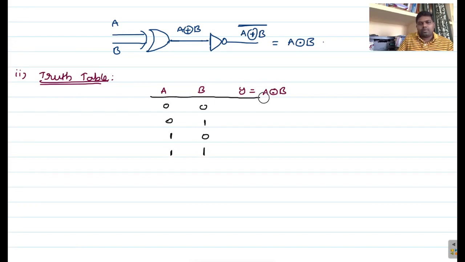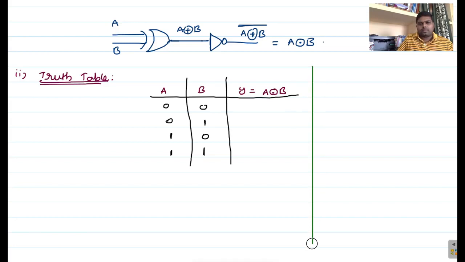These are the four possibilities. Now here you can observe one thing. A XOR B equals what? A B bar plus A bar B.